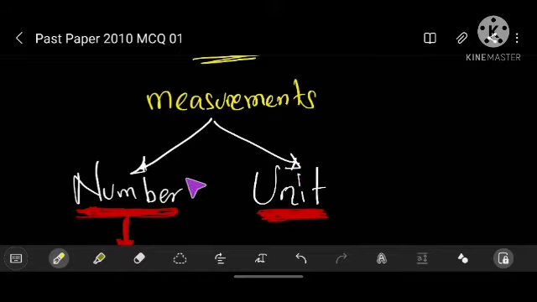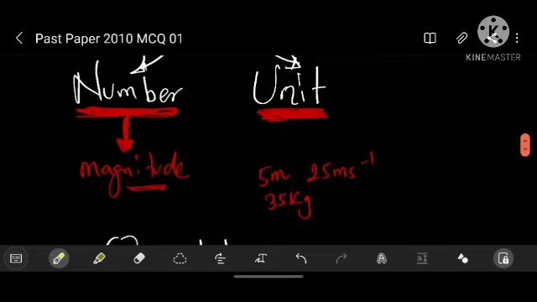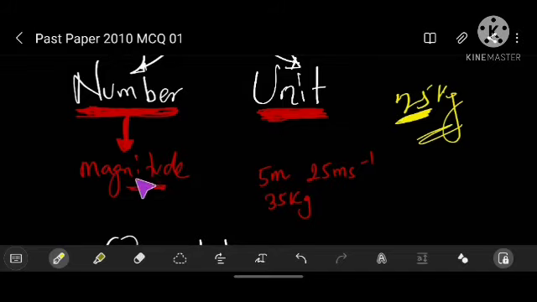The first is the number, and the next is a unit. For example, let's take the weight of an object is, let's say, 25 kilogram. So the number 25 expresses the magnitude of that physical quantity.